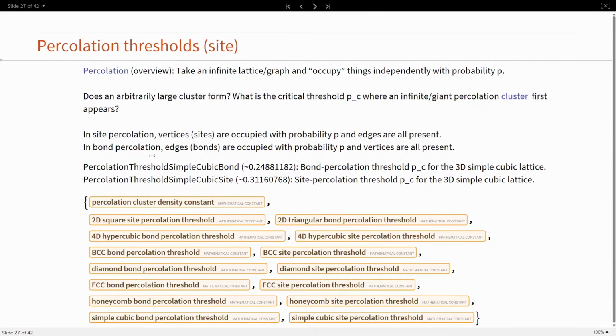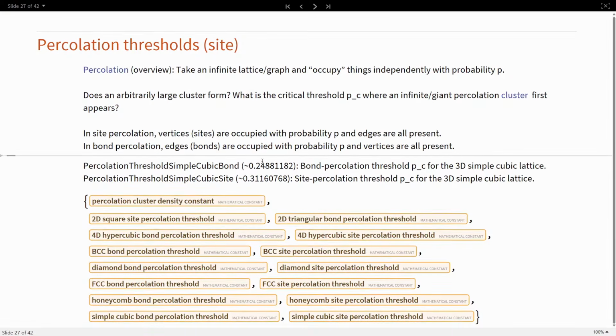So for various infinite grids, for example, a cubic grid, if the bonds, or edges, are randomly being filled in with this probability, you will eventually get infinitely large clusters.